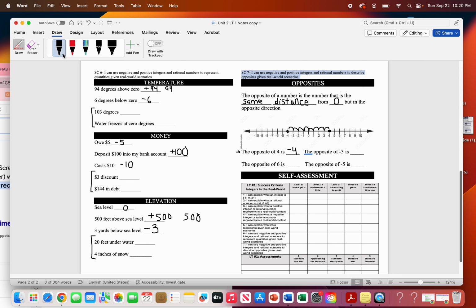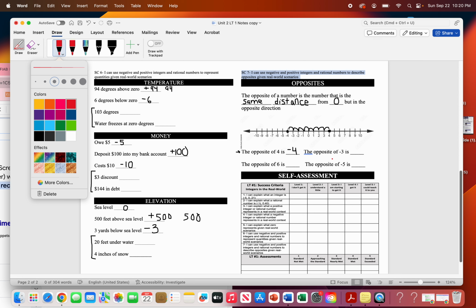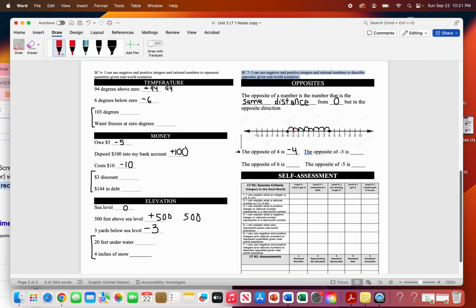All right, let's go to the next one. The opposite of negative 3 is positive 3. Or you could write it this way with a plus sign. It doesn't matter, whichever one you prefer. Okay, let's test our theory. From 0, it should go 1, 2, 3 spaces. And from 0 to positive 3, it goes 1, 2, 3 spaces. That's how we know they're opposites.